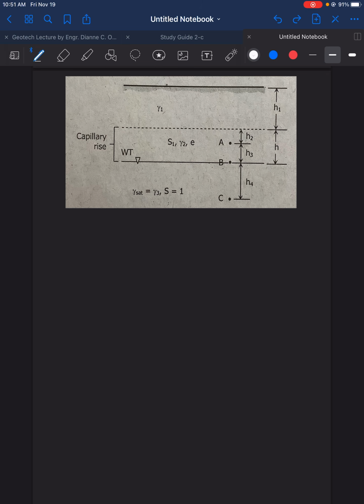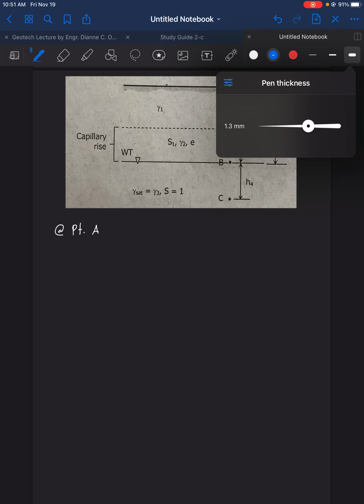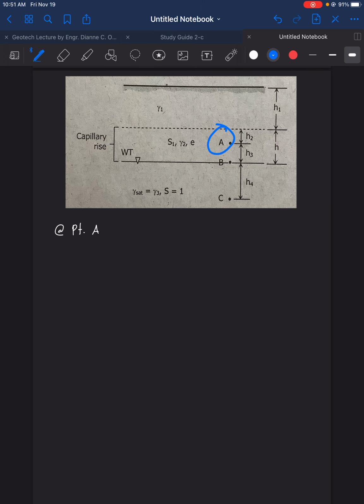If we are to solve for point A, point A is located at H sub 1 plus H sub 2 from the soil surface.